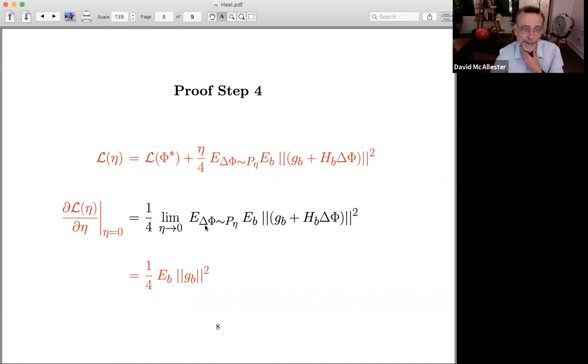And as eta goes to 0, if the Hessian is positive definite, the stationary distribution is contracting to the point phi star. So in the limit as eta goes to 0, this delta phi is going to 0. So in this limit, this term is going to 0, and the limit is equal to this expression, and we're done.